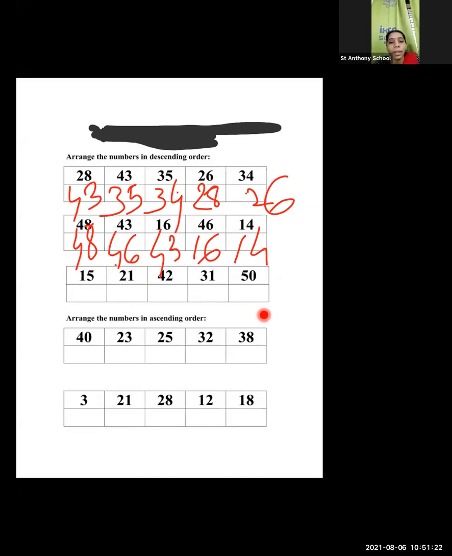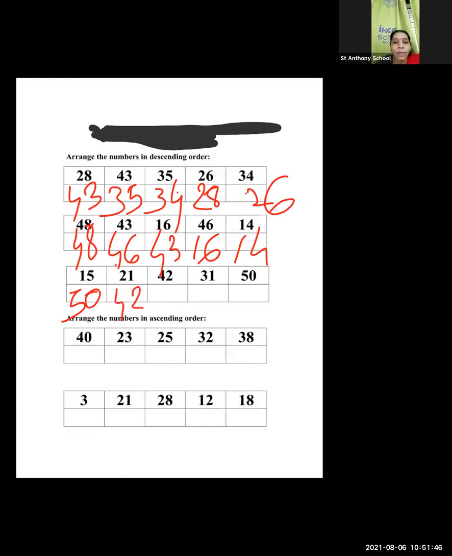Okay. Can you tell me in that, which is the biggest number? 50. Okay, 50 is the biggest number, so we write 50 over here first. What is smaller than 50? 50 से छोटा number कौन सा है? Very good, 42.